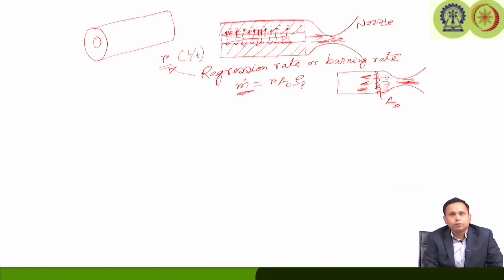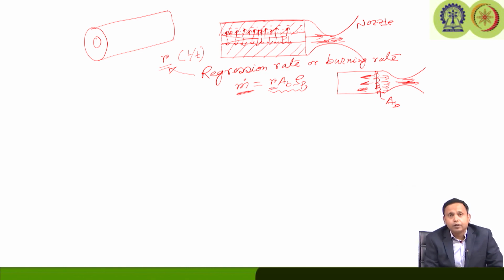So, we can relate the mass flow rate with the burning rate or the regression rate, because since it is a linear one, this will give us the mass regression rate of the propellant. Okay. Now, depending on the type of burning, whether it is going to increase or decrease, that will definitely tell us the value of r.